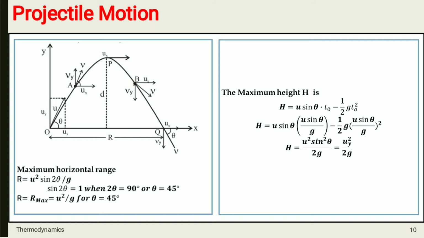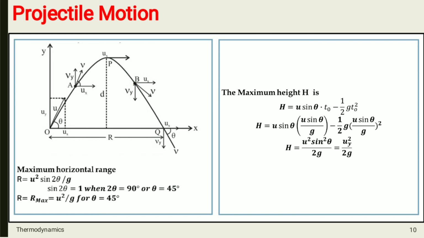So u sin theta is the component of velocity along the y-axis, and T0 is the time to reach the projectile at point P. Okay, so minus half g T0 square. Here we took the equation s is equal to ut plus half at square. A is what here? g, that is acceleration due to gravity, and g is negative.